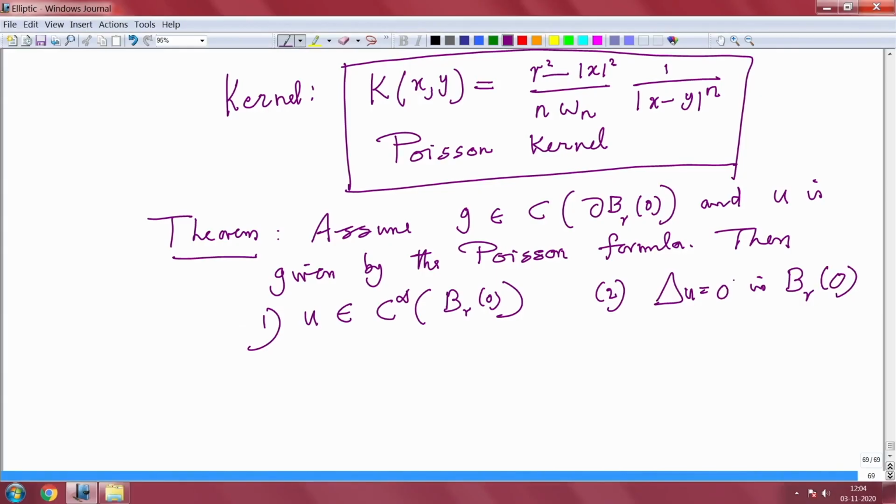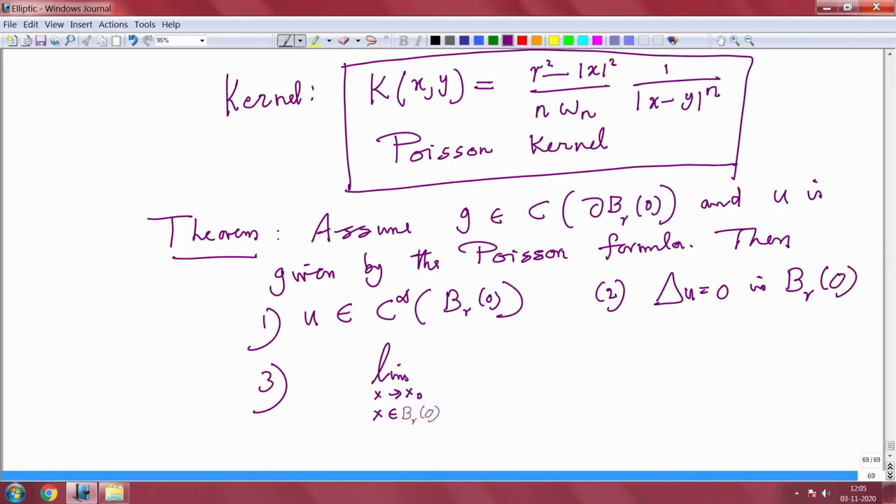In B_R(0), in the sense of limit. Limit again, u is defined only inside the ball. So x tends to x naught, where x is inside the ball, that is how you have to look at it.